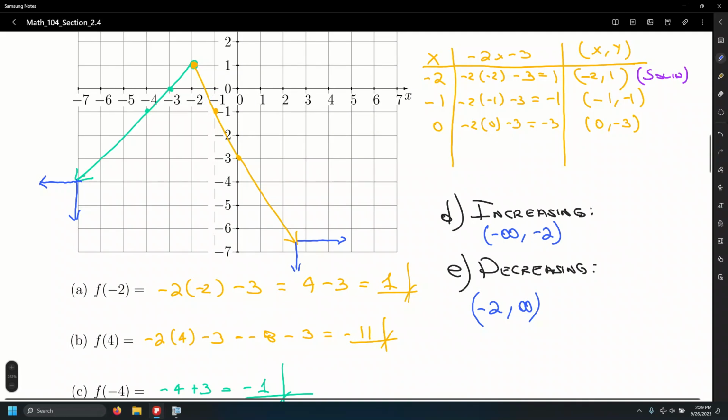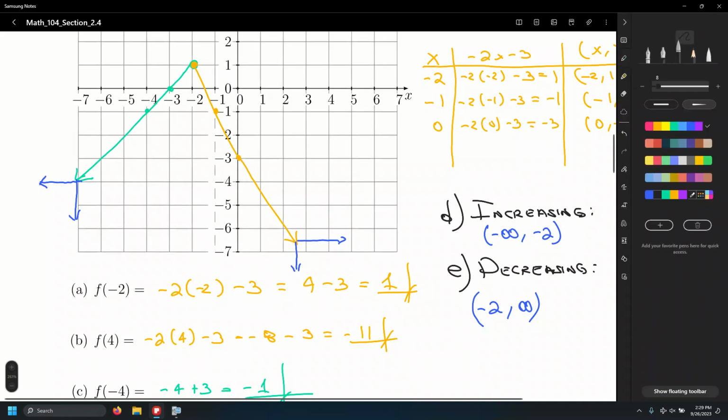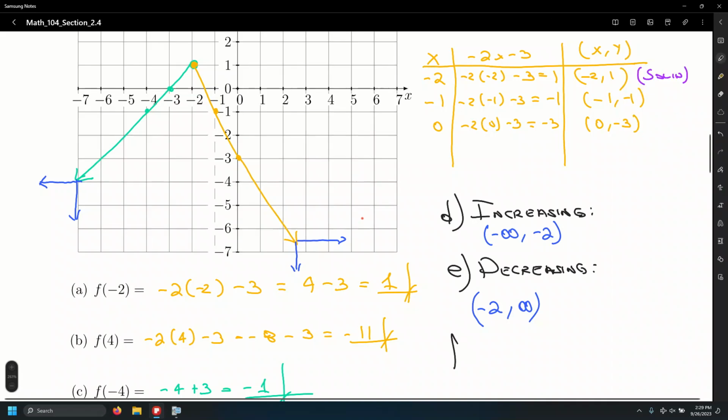Now let's see. Letter F. Even, odd. What do you think of this one? Is this even? Is this odd? Yes?